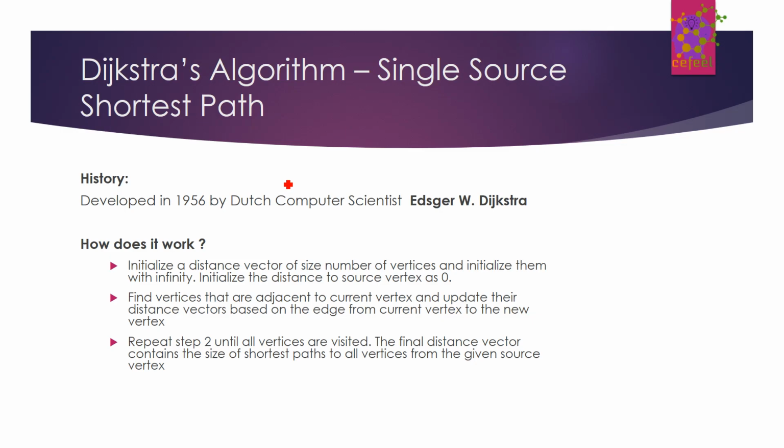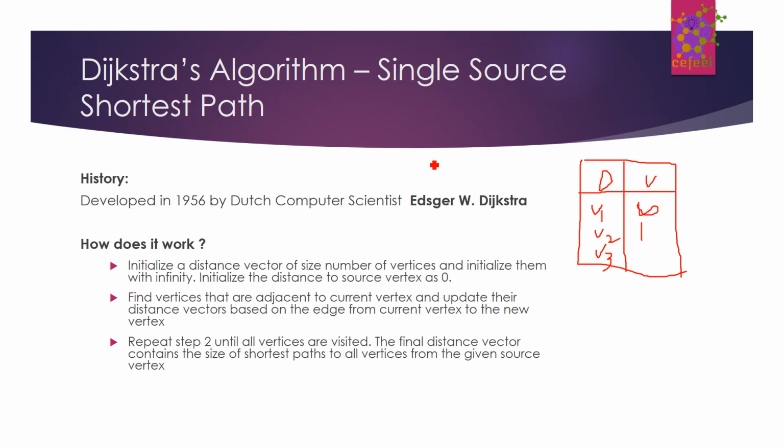Intuitively, what it does is it will have a distance vector, which means it will have a matrix of distances and their values. So in the distance vector we will have all the given vertices v1, v2, v3, and initially it will set those distances to infinity, which means since those vertices have not been explored yet, I initialize them to a very high value so that the next time I find one, I keep updating it.